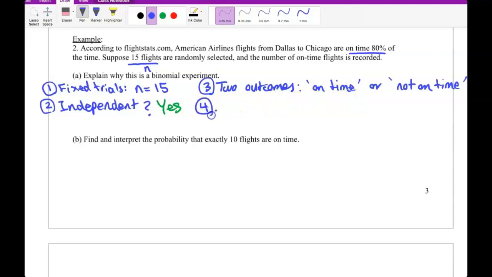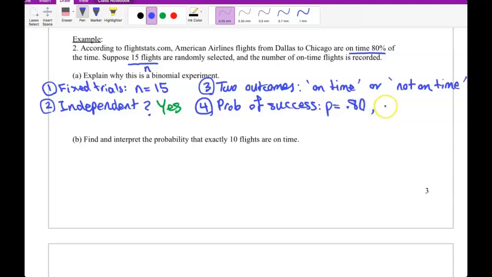Then step 4, the probability of success is given as 80%. So p is 80%.